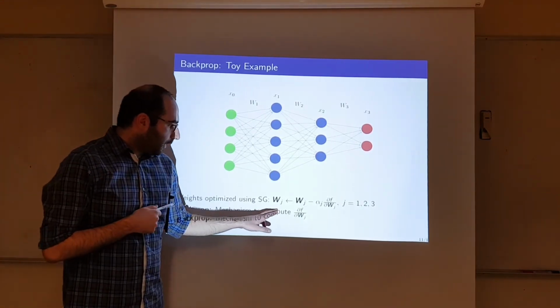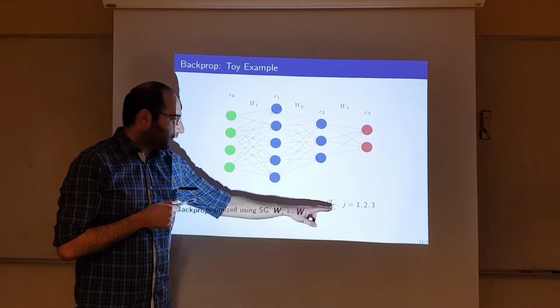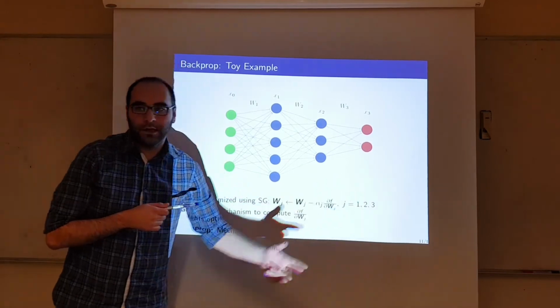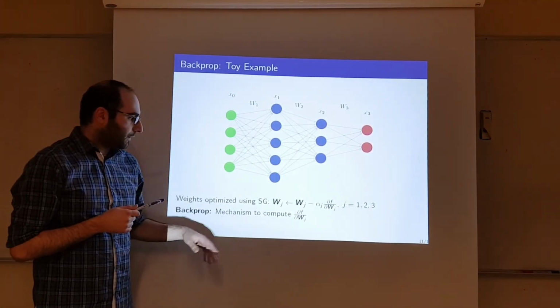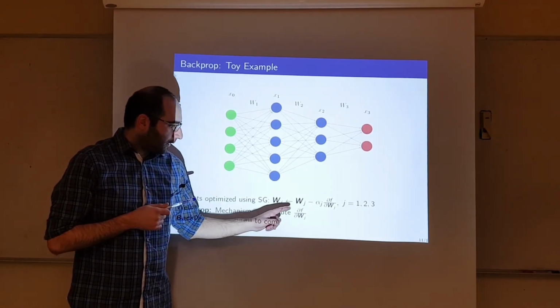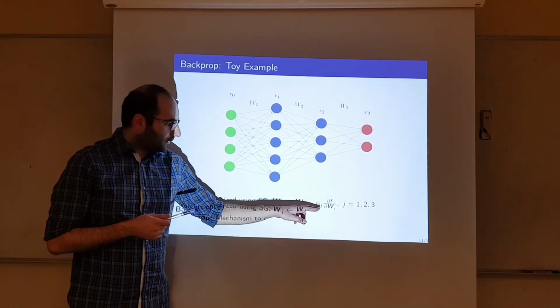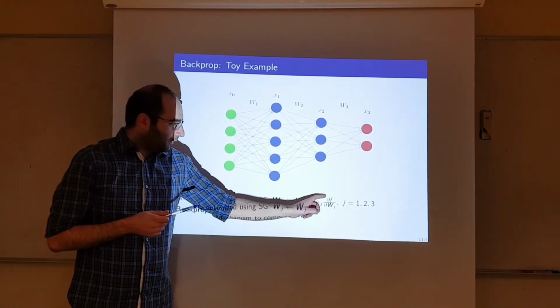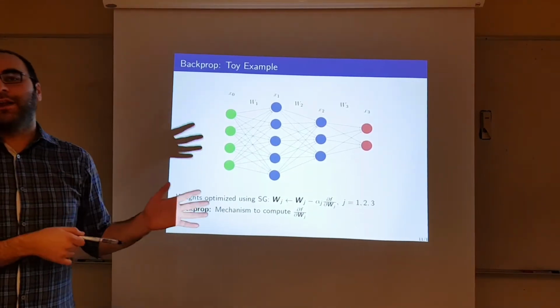So basically, for the weight wj, j here takes values 1, 2, or 3 because it's this small example. So wj is updated in the following way: wj equals wj, the previous iteration, minus alpha, the step size, times the gradient of f with respect to wj.